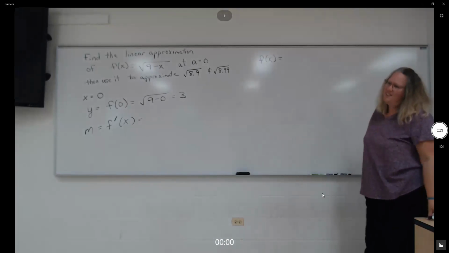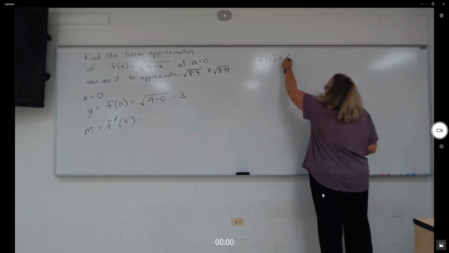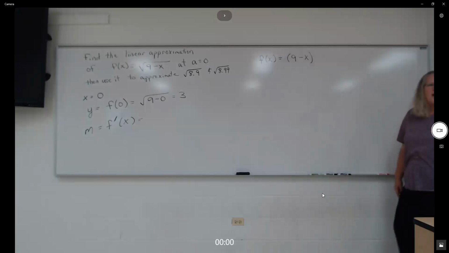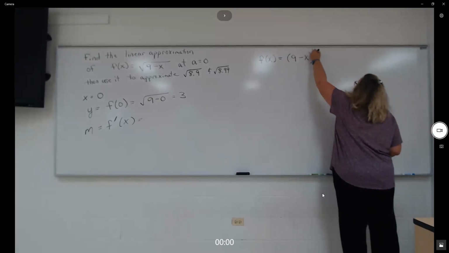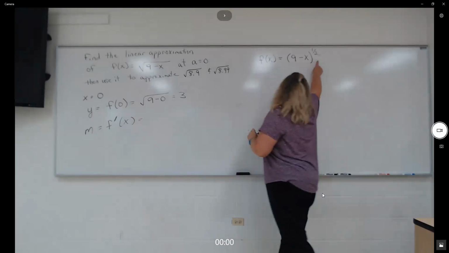Go ahead. What do you think? All right, we got to do 9 minus x. And instead of a square root, in order to do derivatives, you need exponents. All right, so let's write it to the 1/2. Remember, the square root is the same thing as an exponent of 1/2.